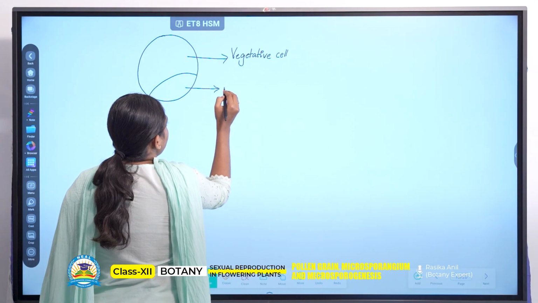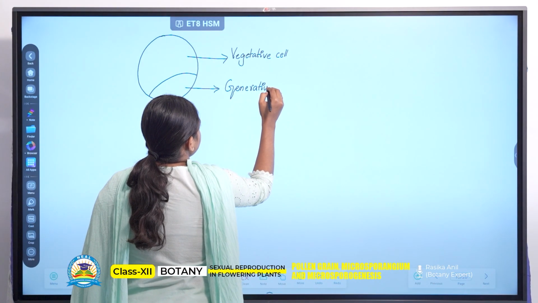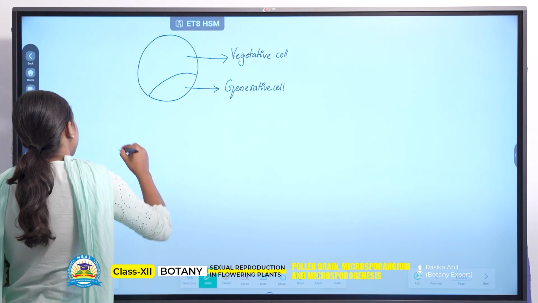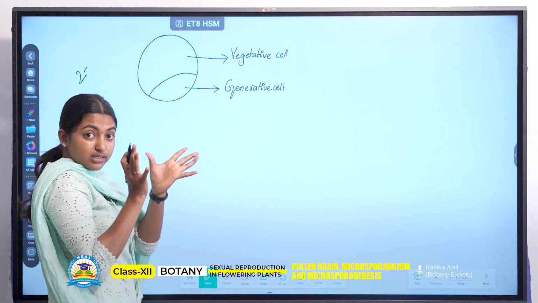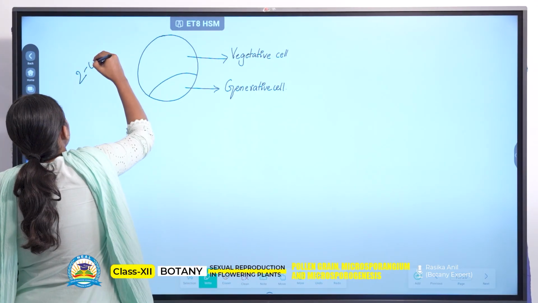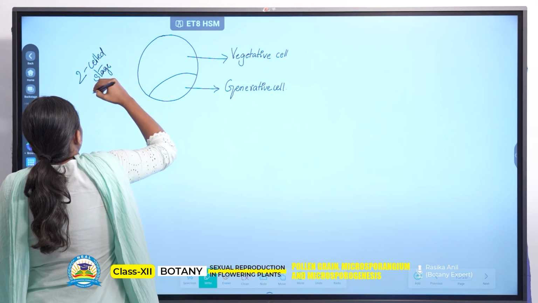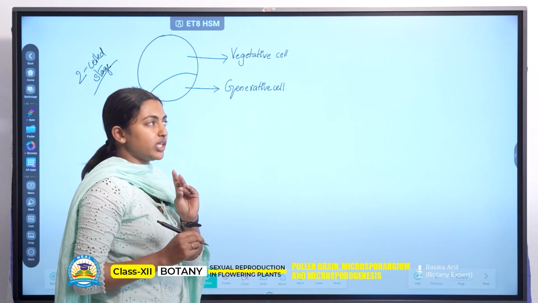And this smaller cell is called the generative cell, right? So how many cells does a pollen grain have? Generally it is shed, which means when dehiscence happens and pollen grains are released, it is released in the two-cell stage, right? And what are the two cells? It is the vegetative cell and the generative cell.